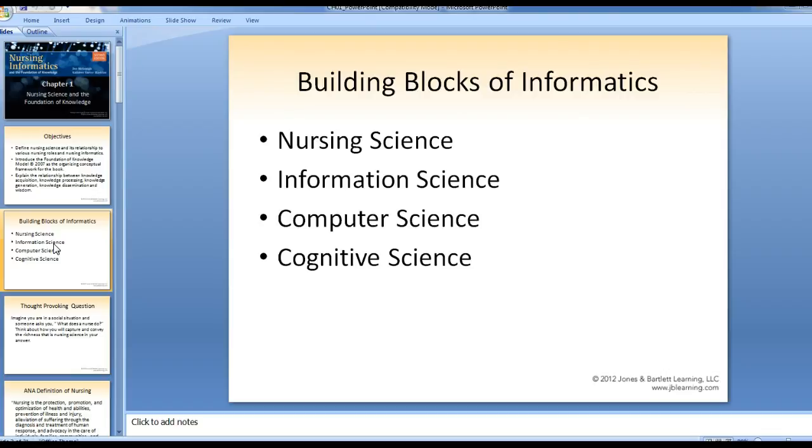Then, of course, information science, which has to do with how we exchange information, what type of setting you have to be in to absorb it, what type of setting you have to be in to give it, how information is absorbed and how it's misconstrued, and then how it's utilized and disseminated further. Computer science is pretty obvious. We're going to talk about all that software and how to use the computer and how it pertains to informatics. And then cognitive science is really important. How you process information is going to affect the way that you present information.